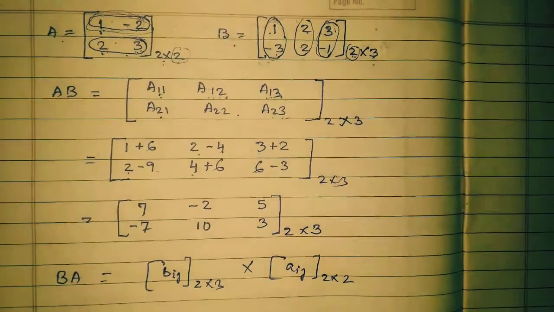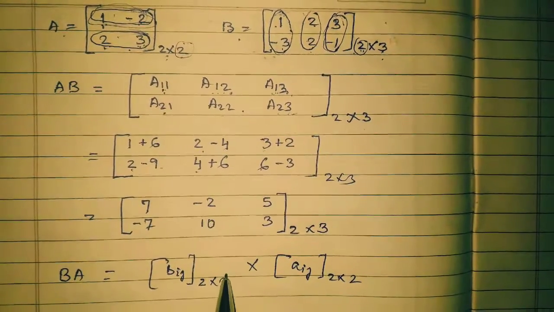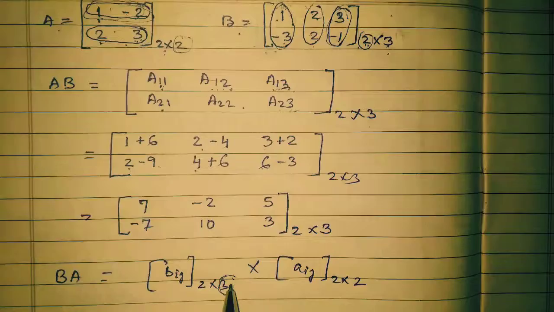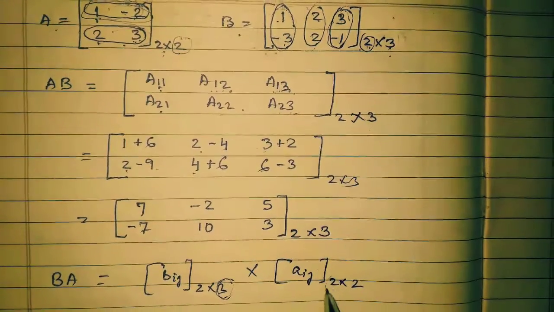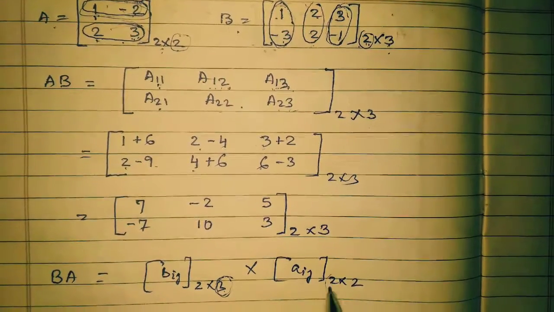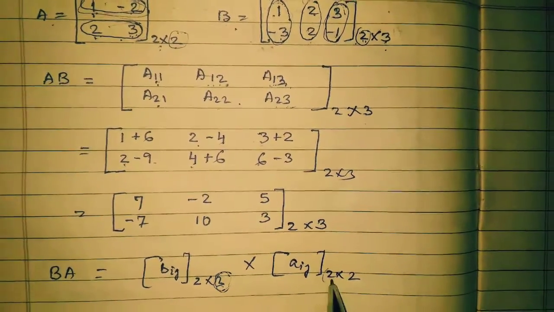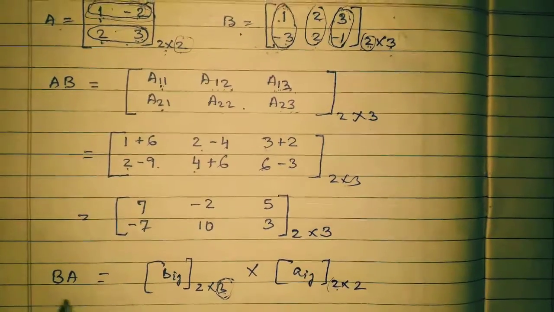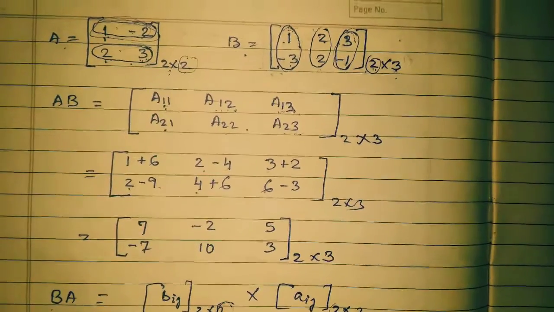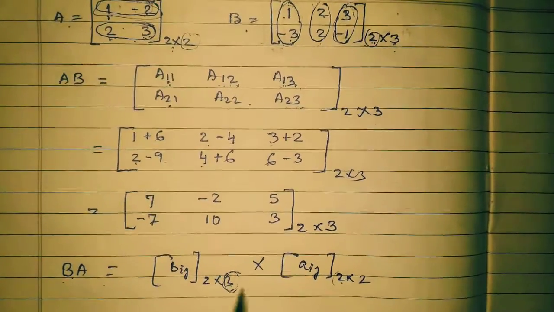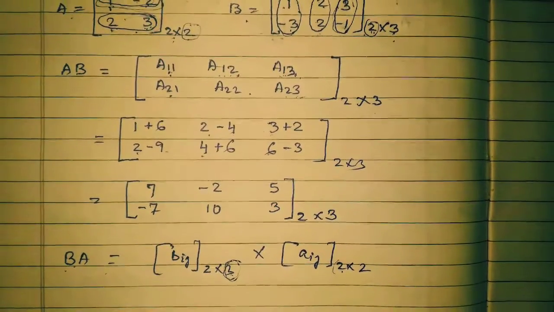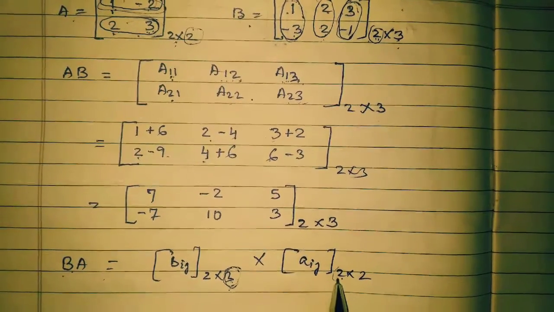So see here, the column of the first matrix and the row of the second matrix are not the same. That means B into A does not exist. It is not possible to multiply B into A because these two are not the same.